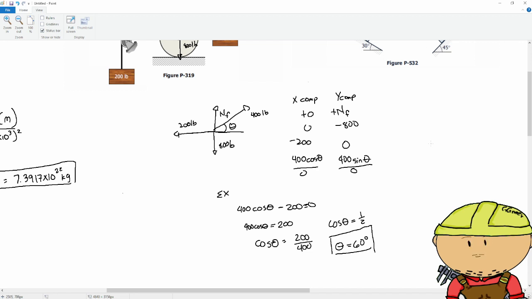Okay. So we can get the value of NF. Negative 800 plus 400 sine 60 is equal to 0. NF is equal to 800 minus 400 sine 60. What will be the answer?